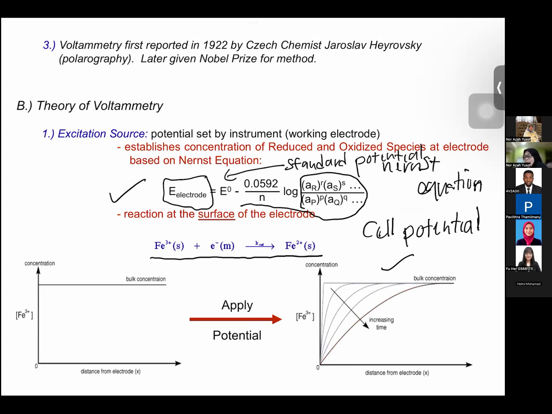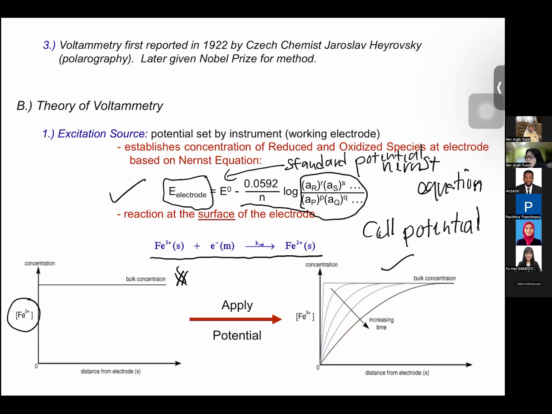Reduction. Yes, very good. So this is reduction of ferrum 3 plus to ferrum 2 plus. So what happened is, this is before we supply potential. Before, right? You can see the concentration is constant for ferrum 2 plus because there is no reaction whatsoever.